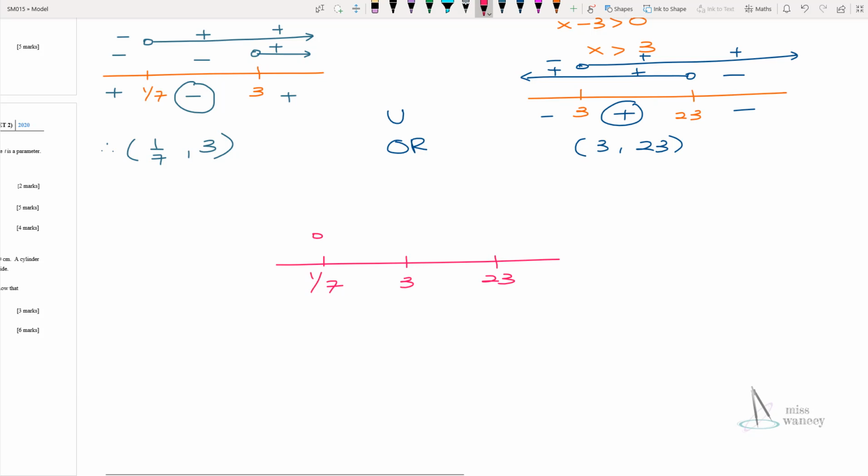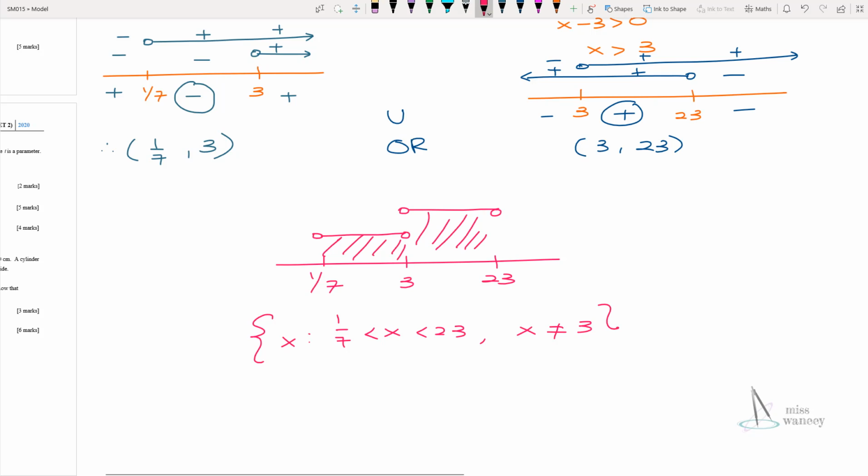So 1 over 7 until 3, 3 until 23. And union simply means everything below the graph. So my answer will be x such that x is in between 1 over 7 and 23, but x cannot be equal to 3.